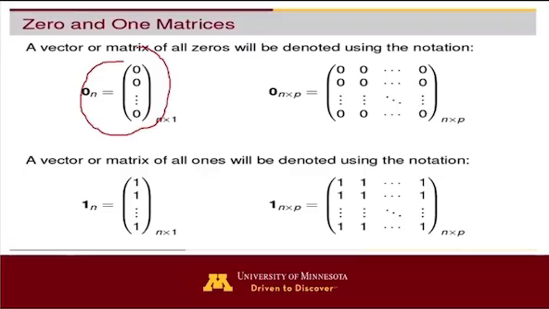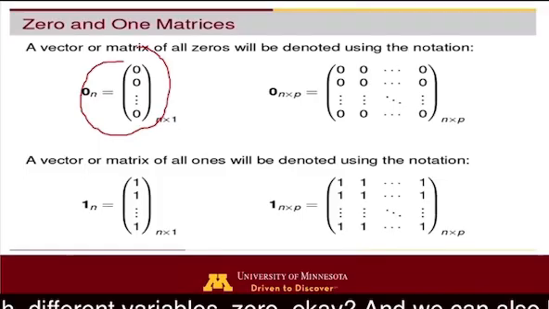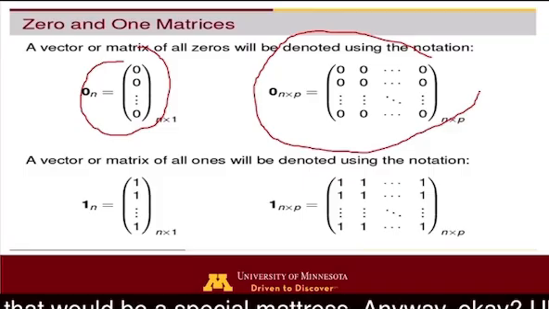We can have means that are zero, maybe the means from different variables. And we can also have a matrix where all elements, including the diagonal and the off-diagonal, are going to be zeros. But that would be a special matrix anyway.